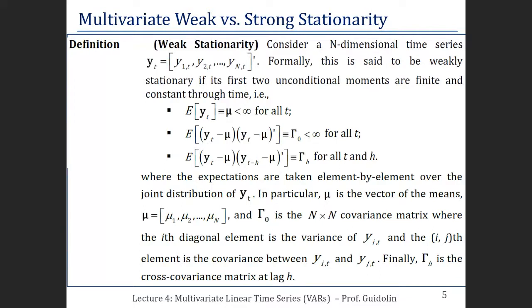These are kind of autocovariances involving, however, two different time series, like the covariance of y1t with y2t minus h. So you are lagging the second variable, and the second variable is actually different from the first variable.